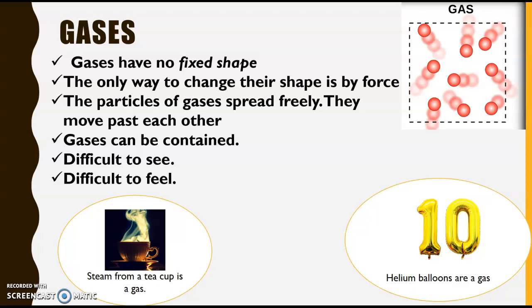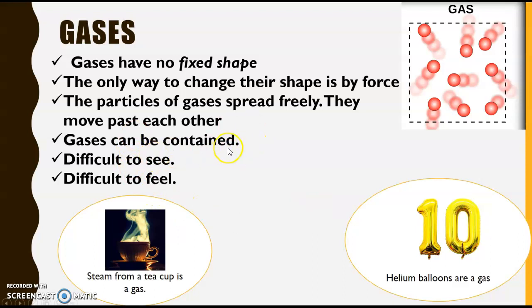Now, particles of gases spread freely. They move past each other, and there is a picture to illustrate what the particles of gases look like. Remember, all 3 states of matter are made up of particles, and they're all different.